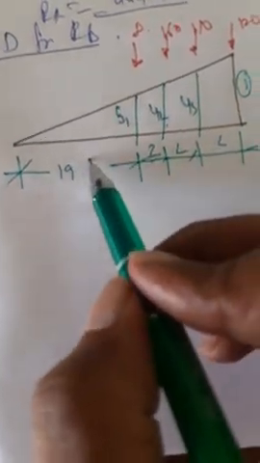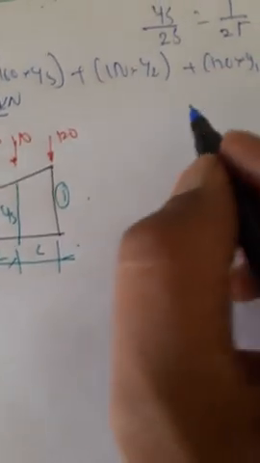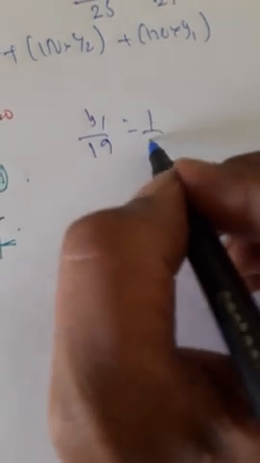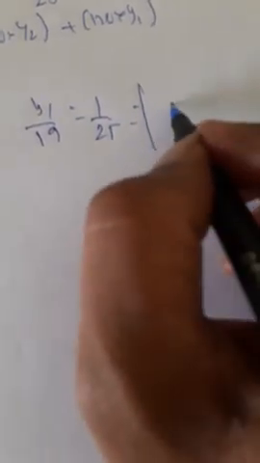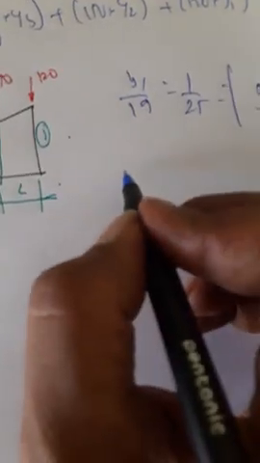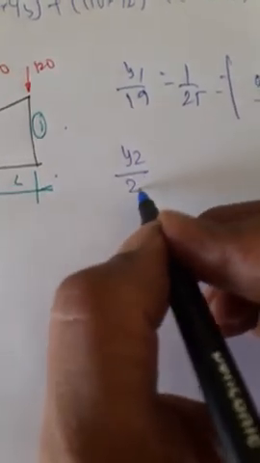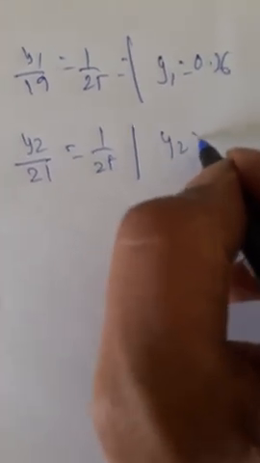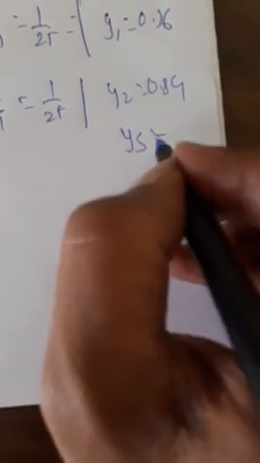y1 divided by 19 is equal to 1 divided by 25, or y1 is equal to 0.76. y2 divided by 21 is equal to 1 divided by 25, y2 is equal to 0.84. Similarly, solving for y3 you get 0.92.